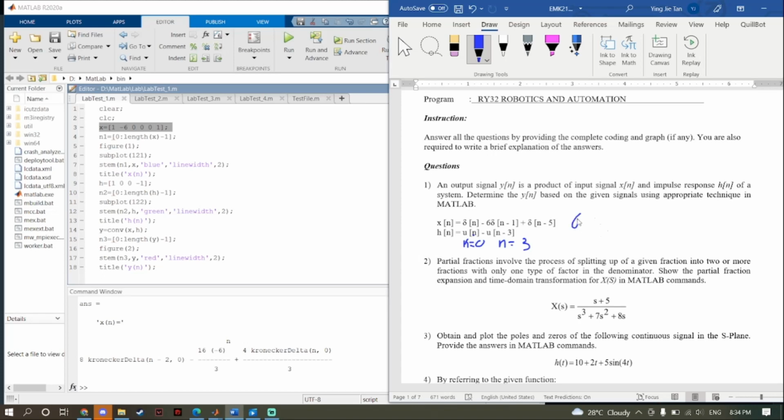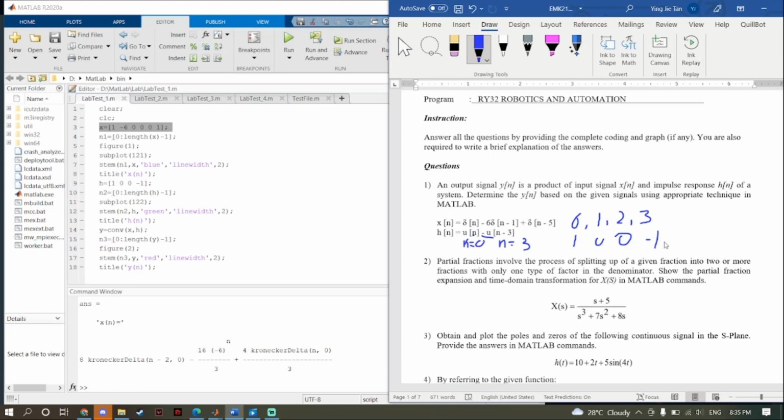So our time frame will be 0, 1, 2, and 3. When n equals 0, your u is 1, and when n equals 3, it's negative 1. For the time frame 1 and 2, there's nothing, so we put 0. By doing it like this, you will get the coding for h.